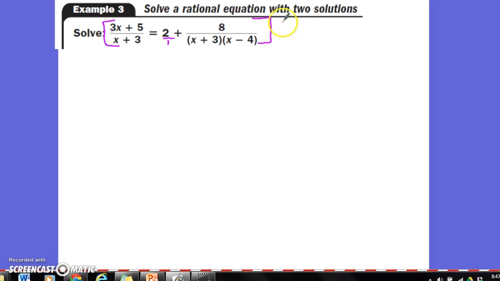So I'm going to multiply the whole thing by x plus 3 times x minus 4. Now, I'm going to distribute that to all 3 terms. Let's see what we get.